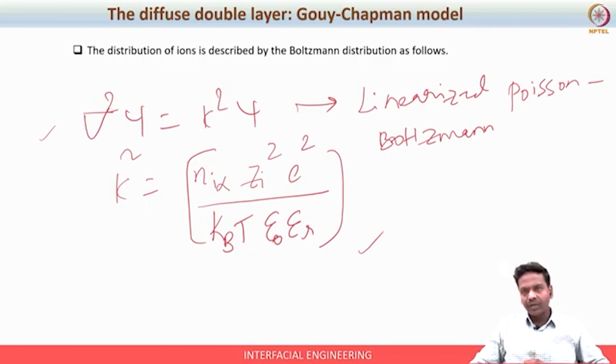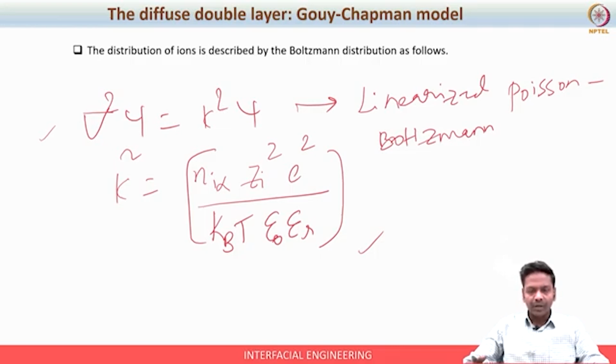Before we move on to the electrical double layer model governed by Gouy-Chapman and Stern, we can first look at the linearized Poisson-Boltzmann equation, which we missed during the last lecture. The equation that we obtained in the form of psi, del square psi equal to k square psi, is actually a linearized equation.